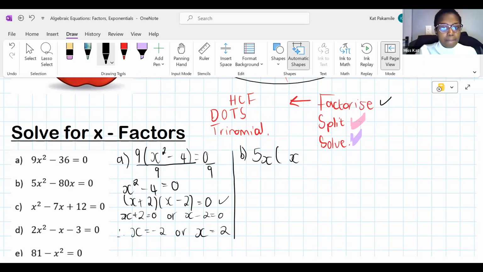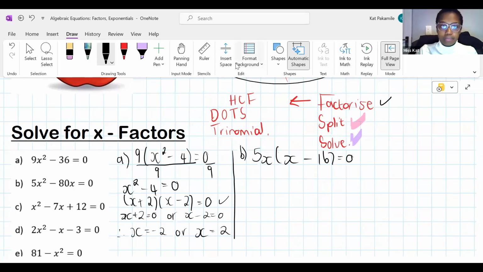So, ma'am, I'll be left with x. Just x. Beautiful. So here you're left with x minus. You took out the x for the second term, so it's gone. And then you took out a 5 from 80. What's 80 divided by 5? 16. So 5x(x minus 16) equals 0. We've successfully done step 1, which is factorize.